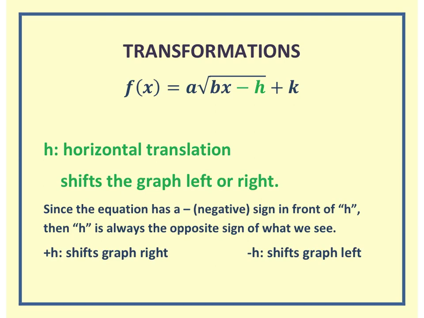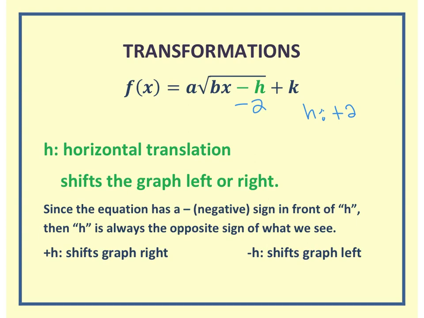The next value to discuss is your h. Now the equation has a negative h, which means since you see a negative in front of this equation, whatever number you see here, your h is going to be the opposite sign. So if you see a -2, that means h is really a +2, and that means the graph is going to the right 2. So h has to be underneath the radical, and h will always be the opposite of what you see.